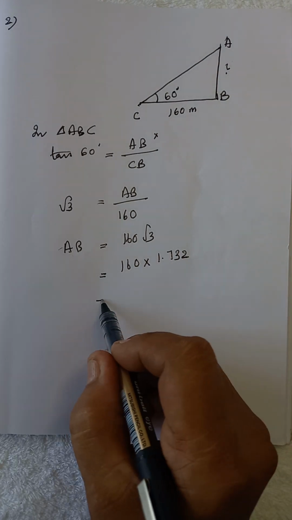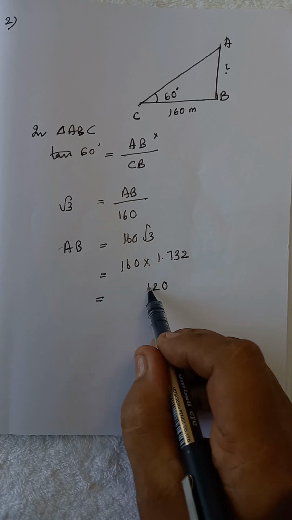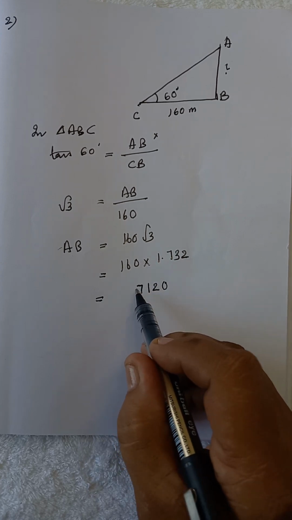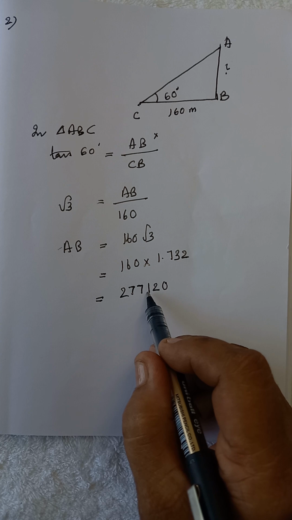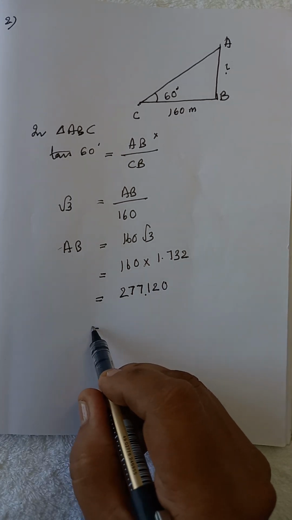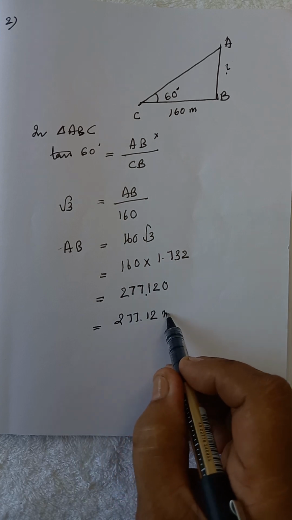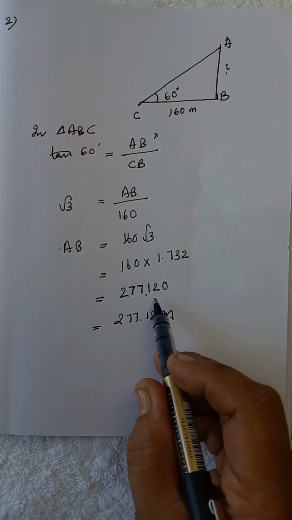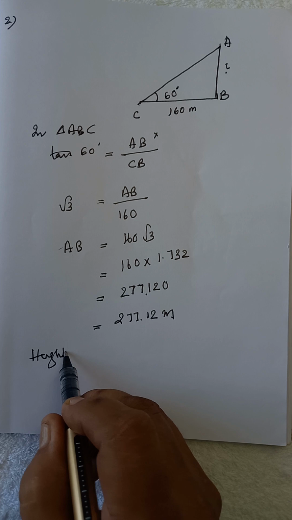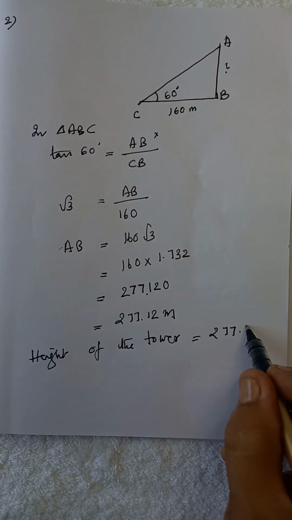So what do we get? 277.12 meter. Correct it to 2 decimal places. So the height of the tower is 277.12 meter.